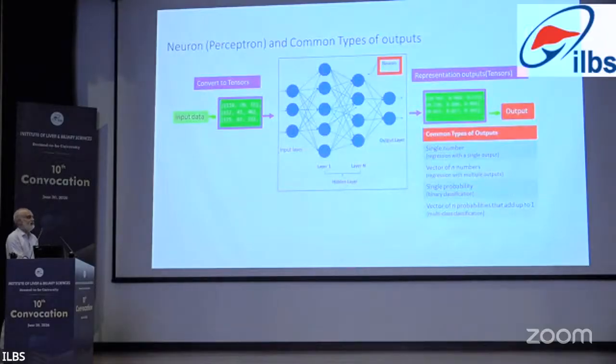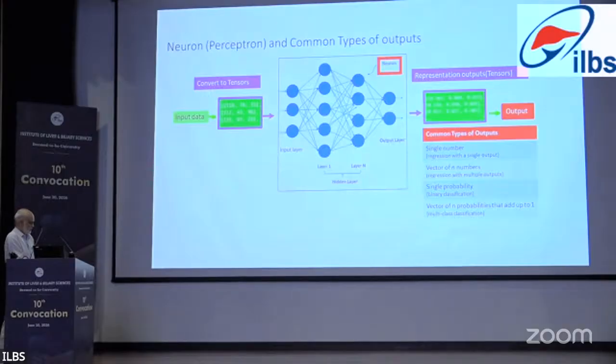So what is a perceptron? I told you multi-layer perceptron. Perceptron is a neuron. This is one neuron. This one is one neuron. This one is one neuron. And we have to understand the various types of outputs because we have to make selection of many of the hyperparameters based on this.